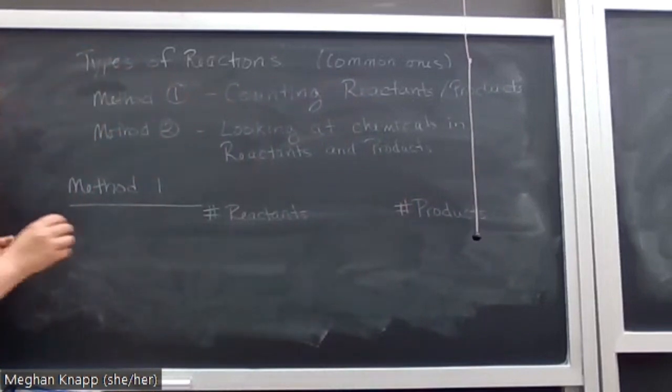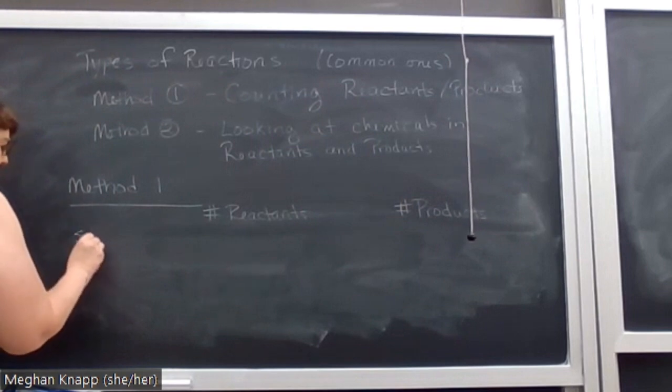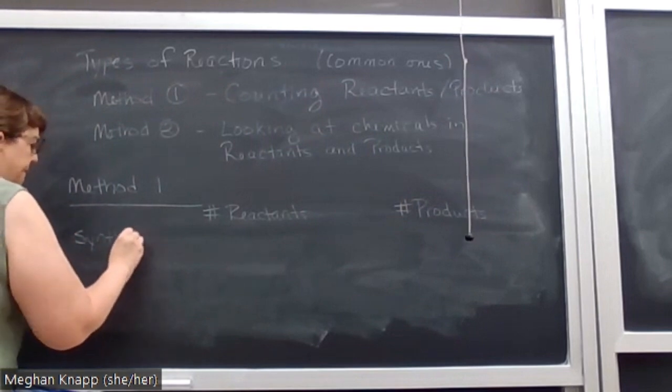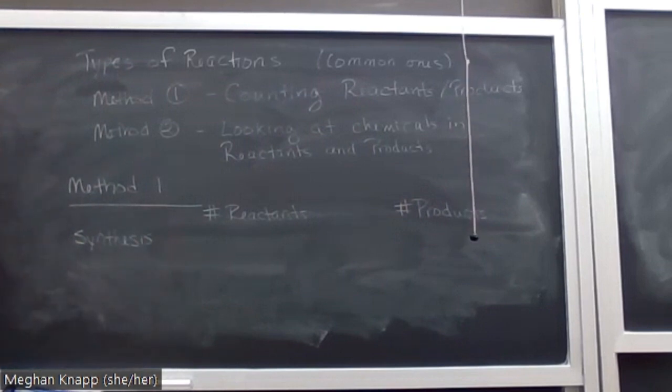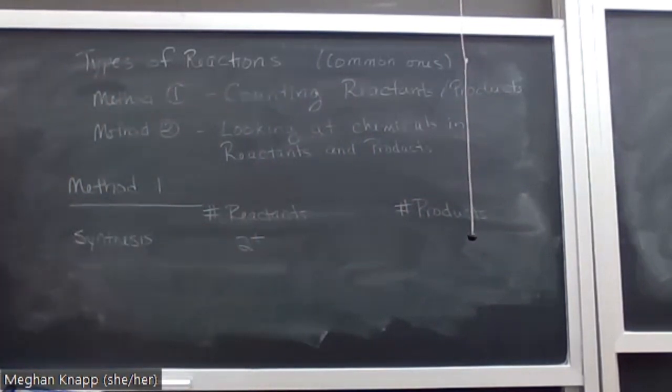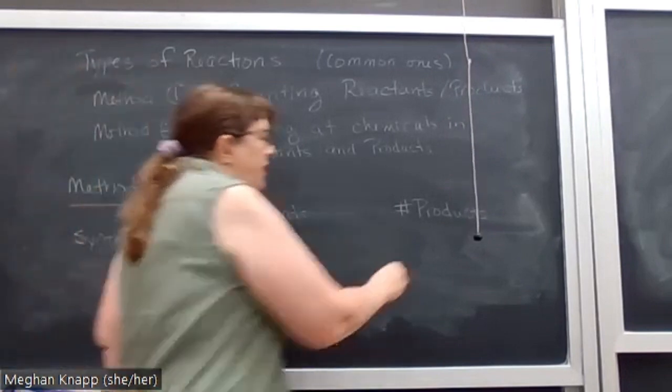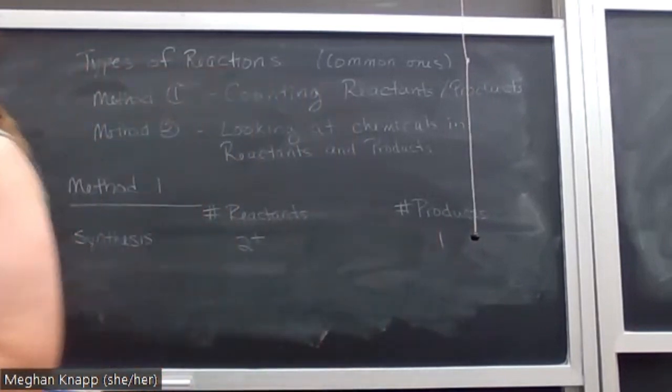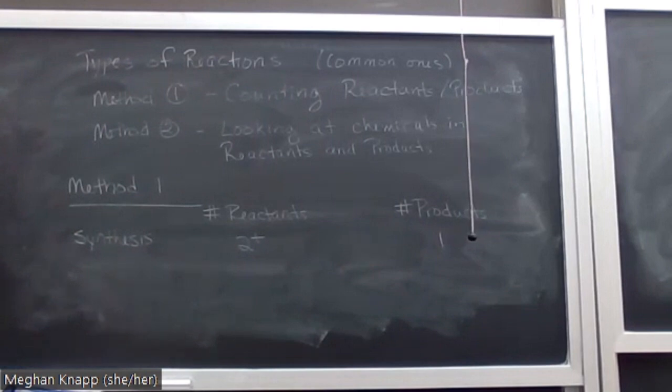So if we start with something that is a synthesis, this is where we are combining things to make one thing. So we will have 2 or more, so I'm going to put 2 plus reactants, usually just 2 in our reactions, but you could theoretically have more. So you bring 2 things together and you only have 1 product. So you can always identify that because there's only 1 product. The reason I do this one first is that it's a little bit simpler to identify than the others. You don't really have to think about what the chemicals are, you just have to count.